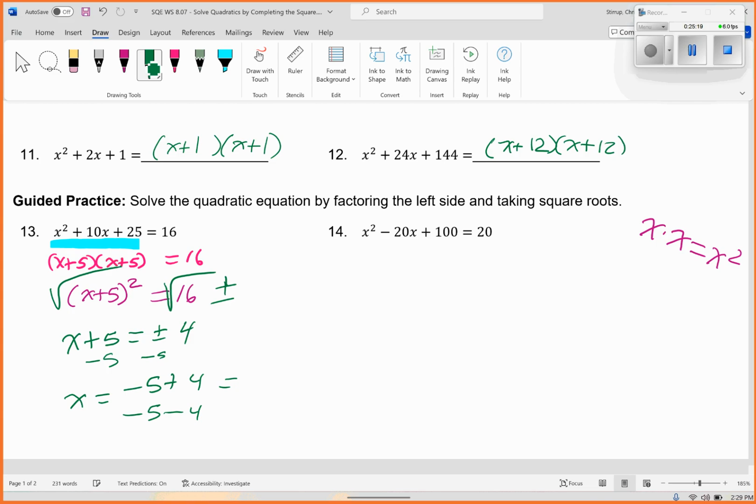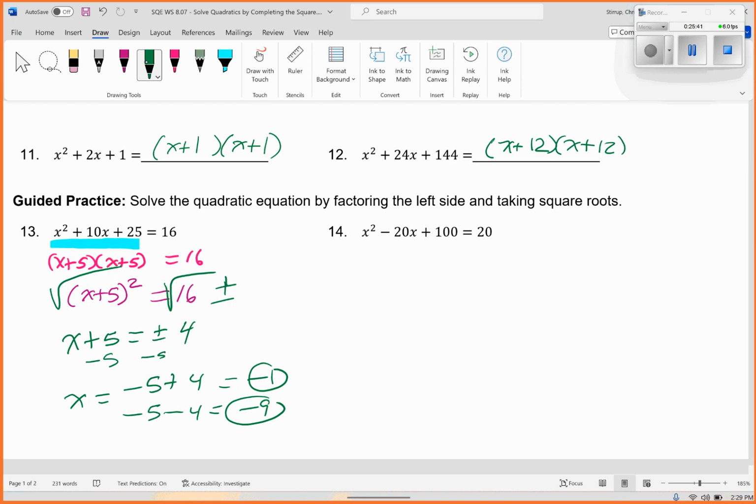Do the math. Negative 5 plus 4, negative 1. Negative 5 minus 4, negative 9. Wait a minute here. Stirrup might be on to something. Okay. Let's just double check. I think we have it right.